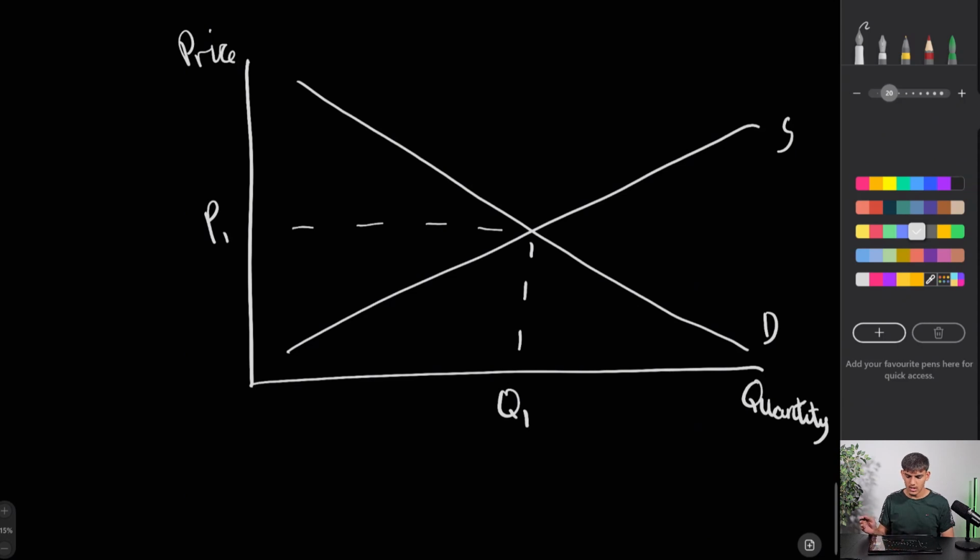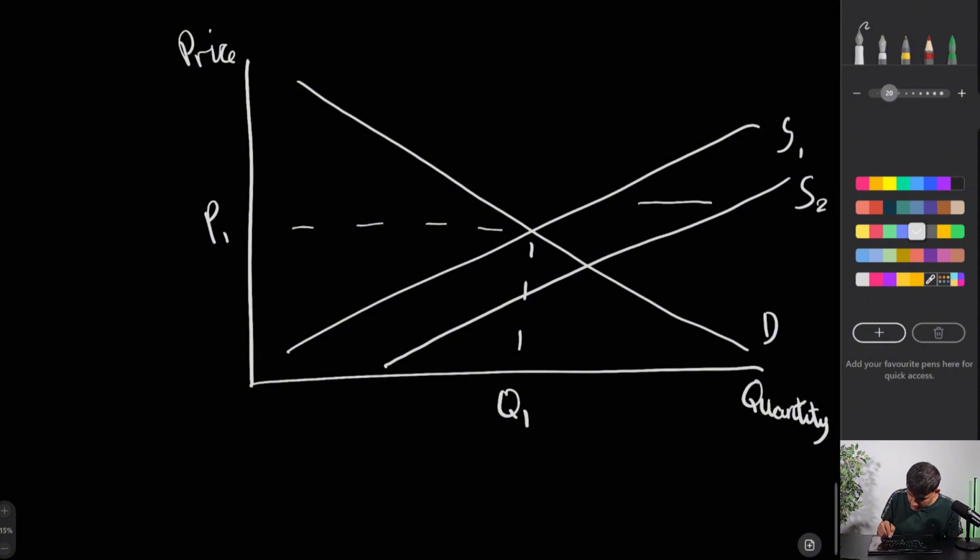So a subsidy would essentially increase supply, meaning that supply shifts to the right. So this is our new supply curve, and we can label it S2. And just make this clear that we've moved the supply curve to the right.